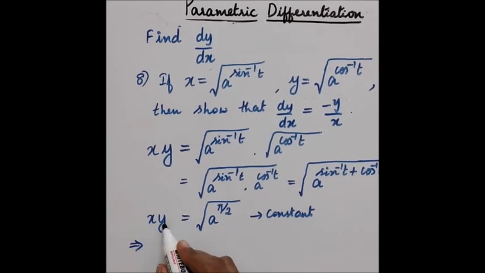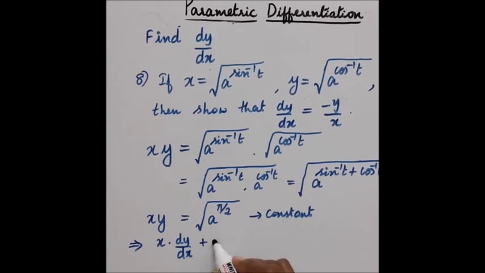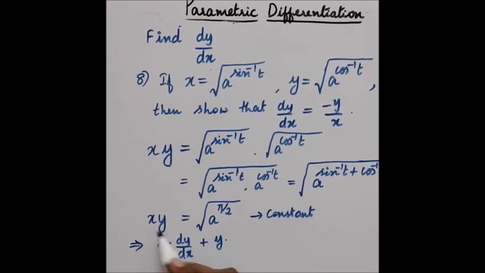So now let's differentiate this. Left hand side is done by using the product rule. So first term into derivative of the second term with respect to x plus second term into derivative of the first term with respect to x is equal to, as the right hand side is purely a constant, its derivative is 0.